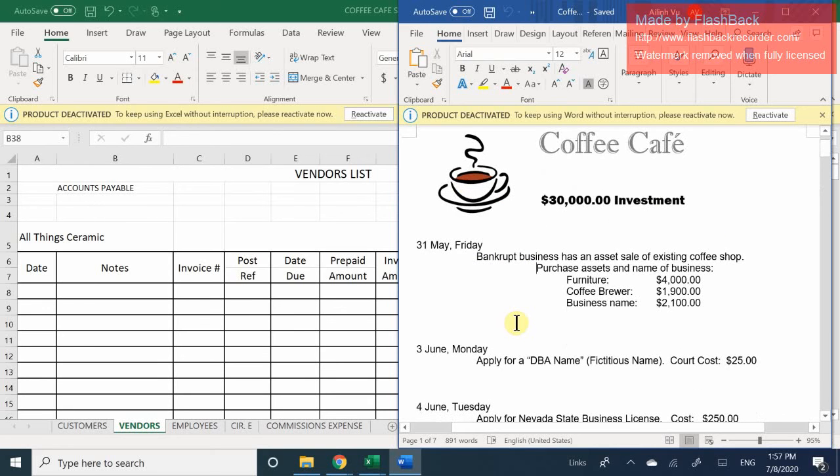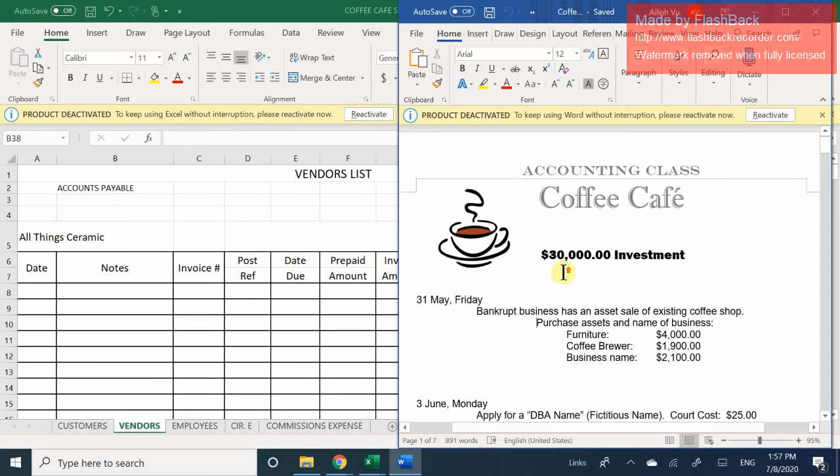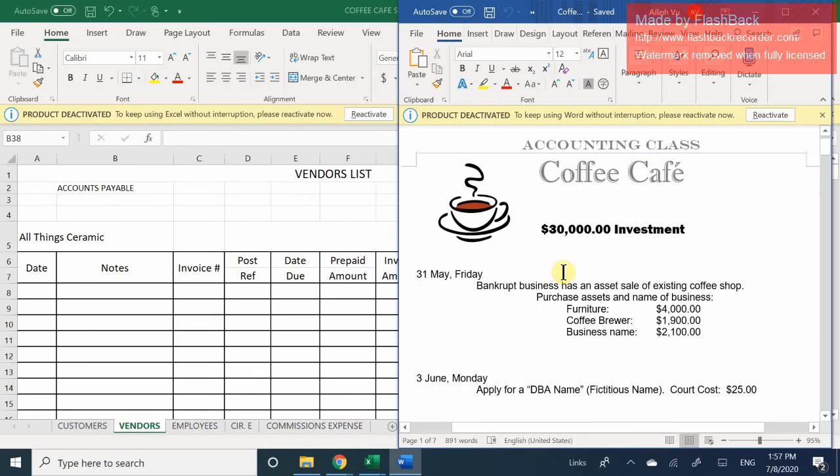So again, this whole thing can range anywhere from 10 to 15 pages, depending on which week it is. But for the first week, it should look like this. Again, it's a list of all the transactions that happened that week. Okay? All right.